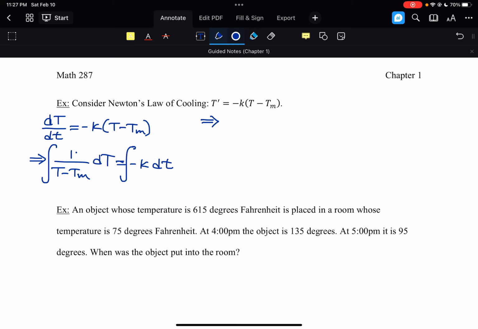On this side, we're going to get, similarly to the other problem, a natural log, absolute value of T minus T sub m. On the right-hand side, it's just negative k, which is a constant, so it's negative kt plus a constant, which I'm going to call c1, because I want the final equation to have c in it, and it's going to change a little bit.